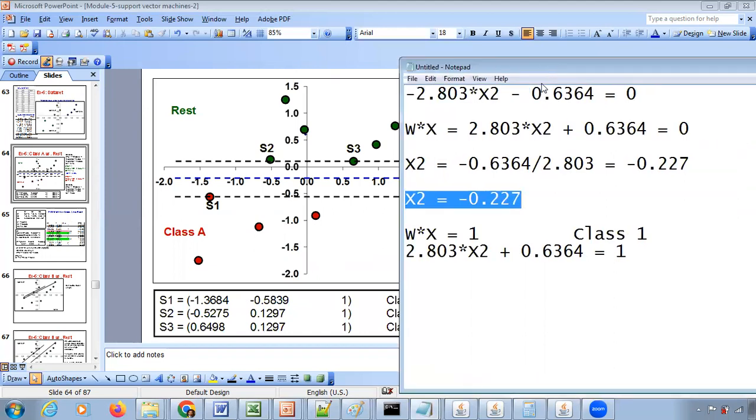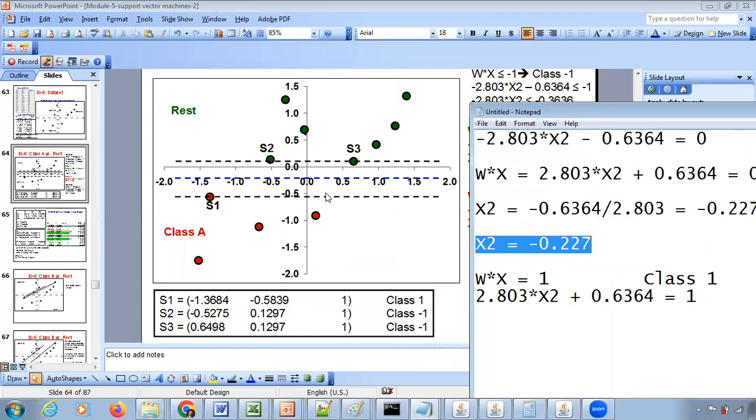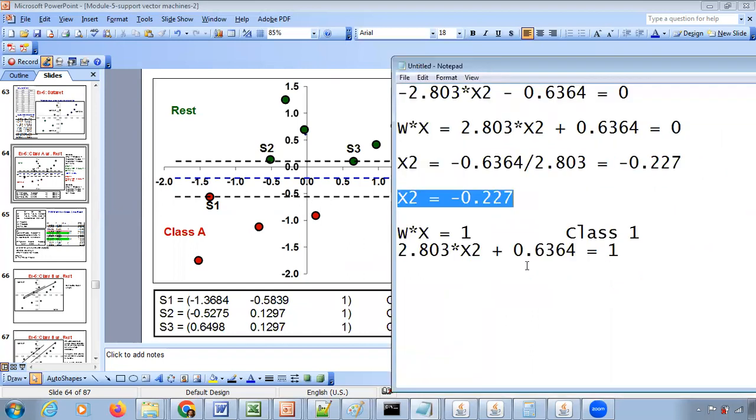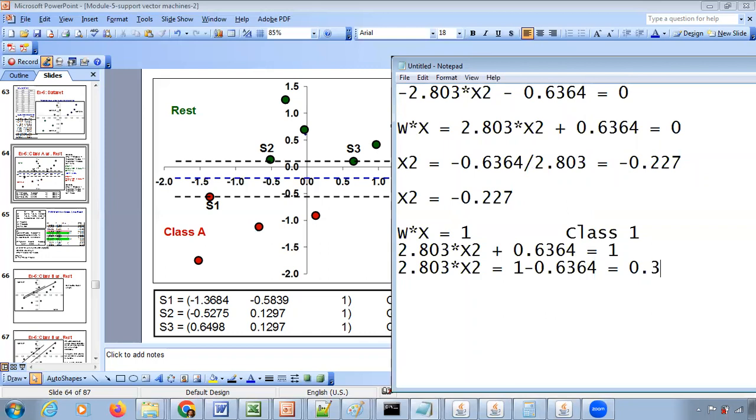So we can try to now get the equations for the wx equals 1. So this is a wx equals 1 line, and let us try to get the point where that line goes through. If you do the math, it's 2.803 times x2 equals 1 minus 0.6364, and that's 0.3636.